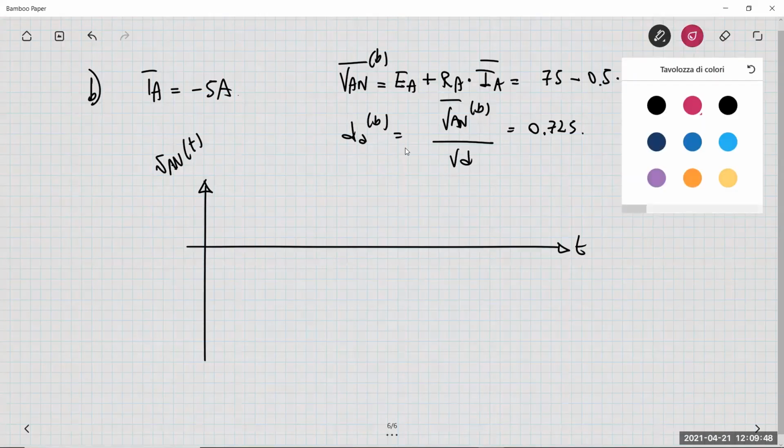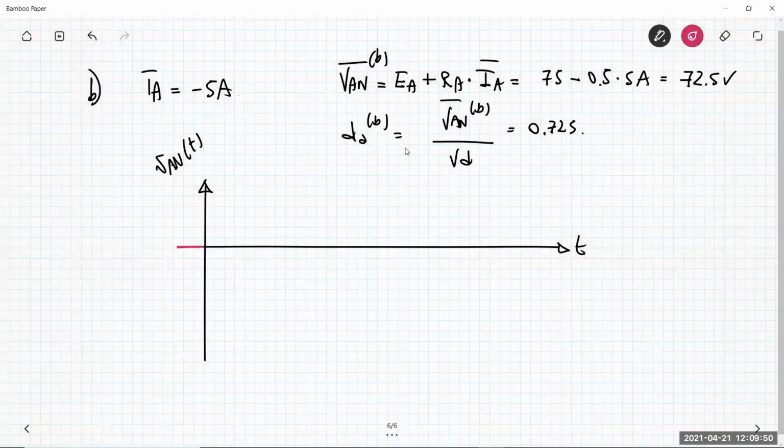The voltage VAN is, this is my TS. The duty cycle is quite large. Remember, this is for the A situation, for example.